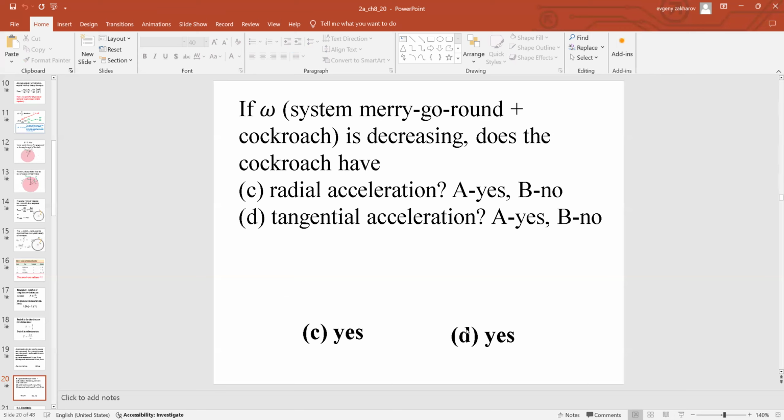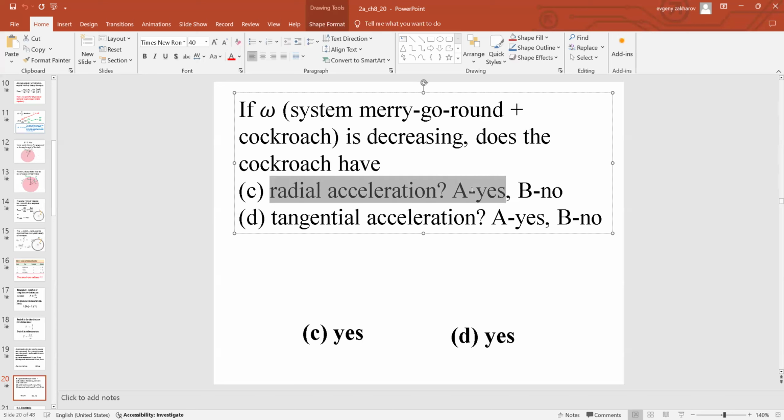Now omega is decreasing. Does the cockroach have radial acceleration? Still, we're still doing circles. We're still doing change in direction. That means there is centripetal, or you call it radial acceleration. And how about tangential acceleration now? Well, now we do have change in omega.